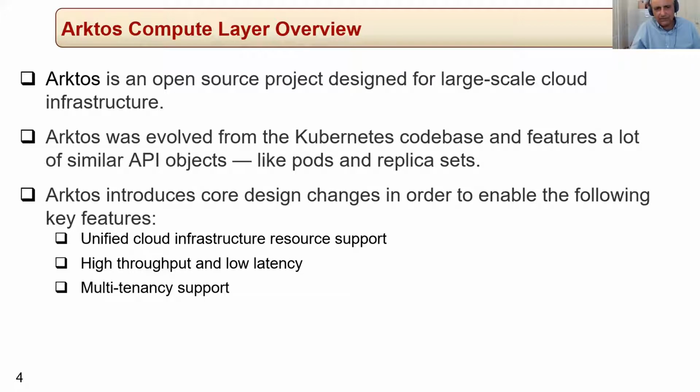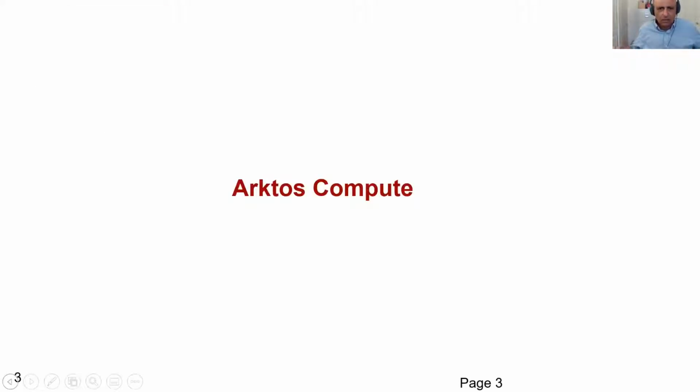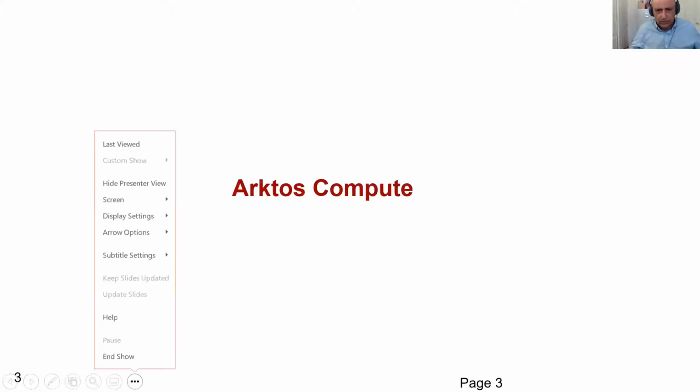And then built-in hard multi-tenancy support. These are the three pillars, three key capabilities, which you don't typically find in state-of-the-art open source projects such as Kubernetes or OpenStack or others.